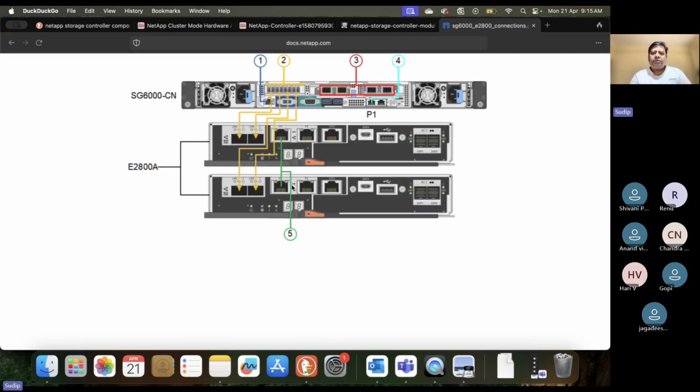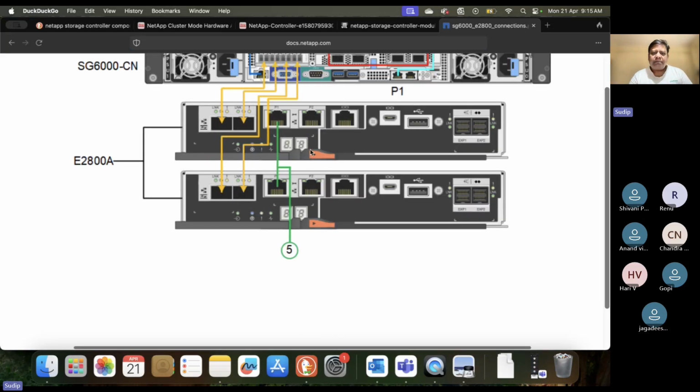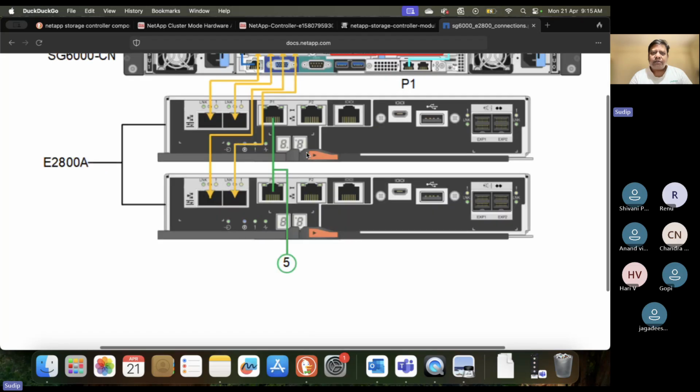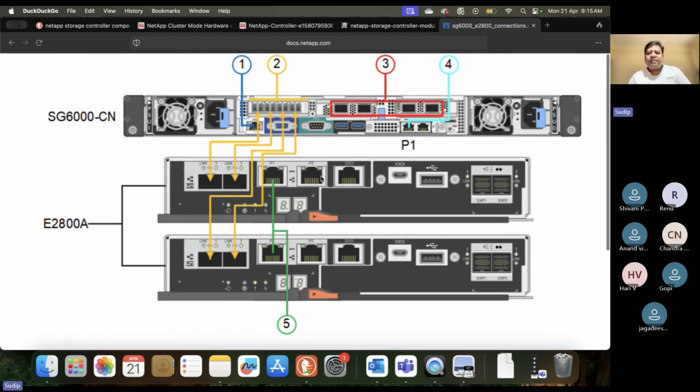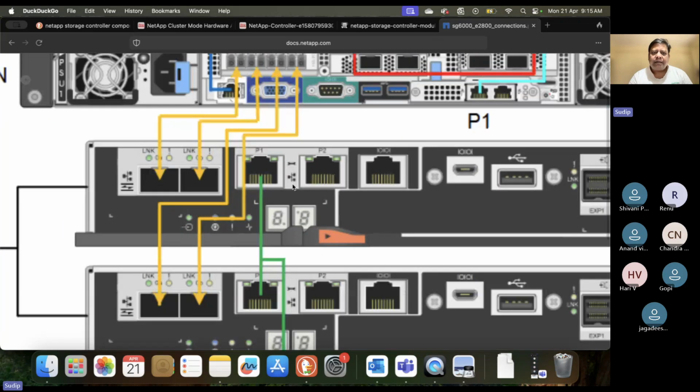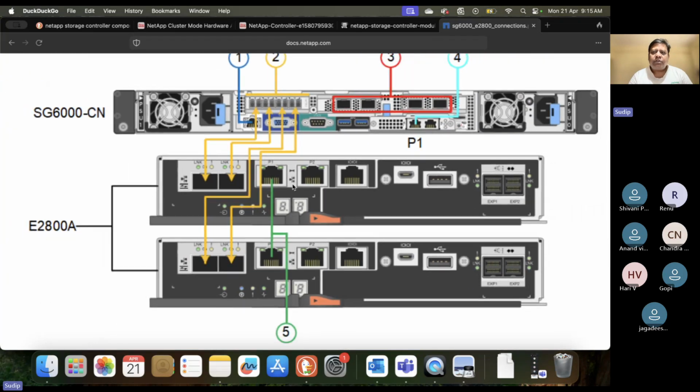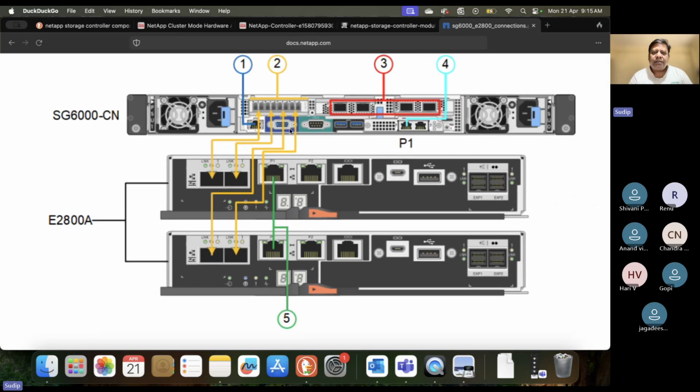So this is one perfect example of how disk shelves get connected. Behind the disk shelf, you will see this kind of a plane. On the top, what you see is the controller. From the controller, cables will get connected using the SAS ports to the SAS ports on the disk shelves.